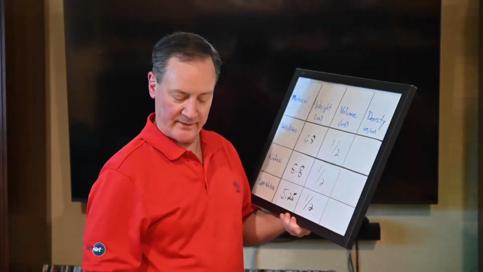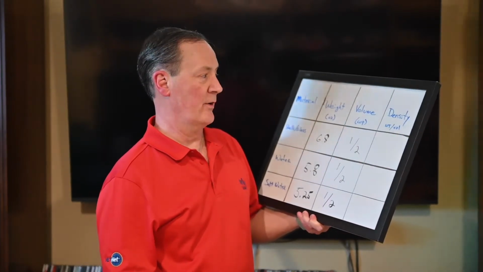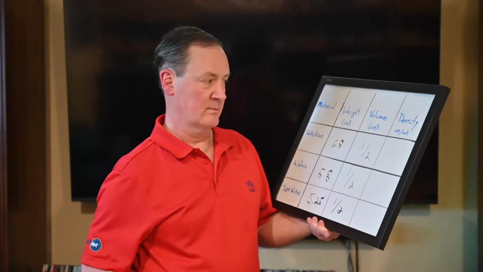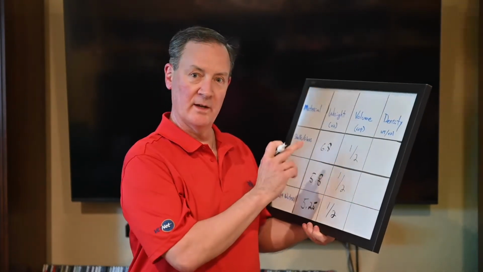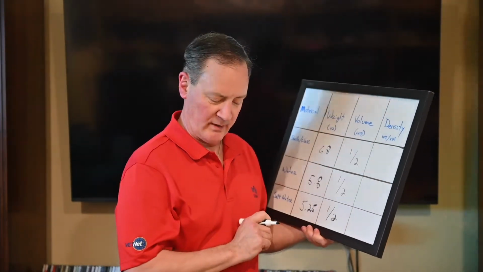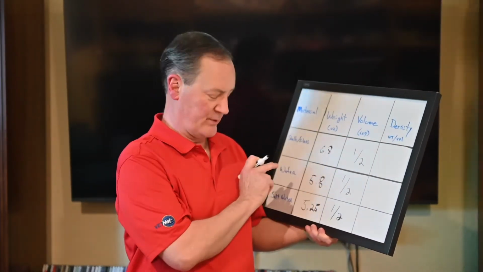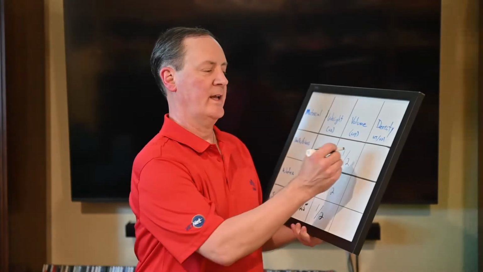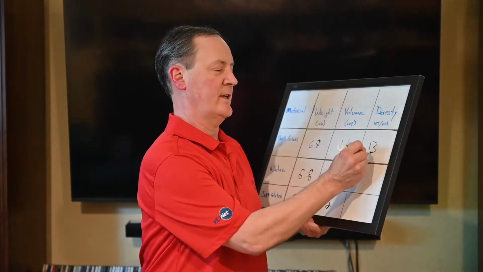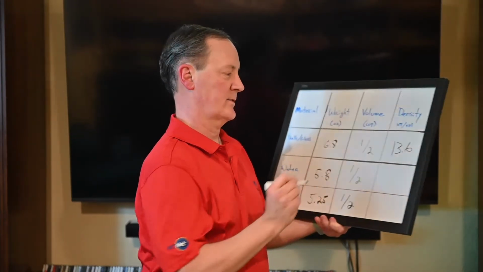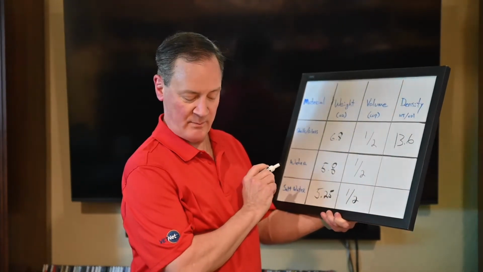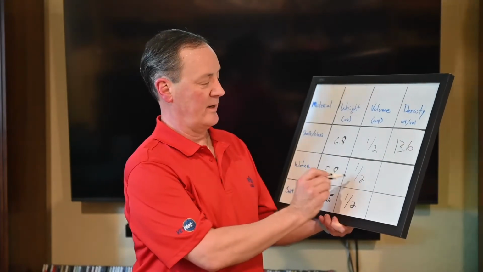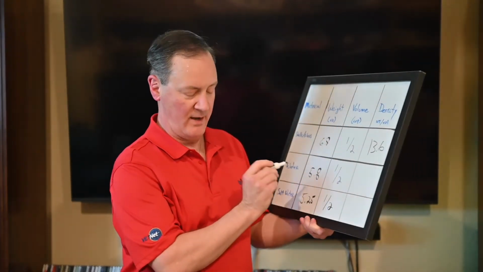So to calculate the density, we are going to divide the weight by the volume and get our relative density. For 6.8 divided by 1/2, it equals 13.6. Now we'll do the same for 5.8 divided by 1/2.